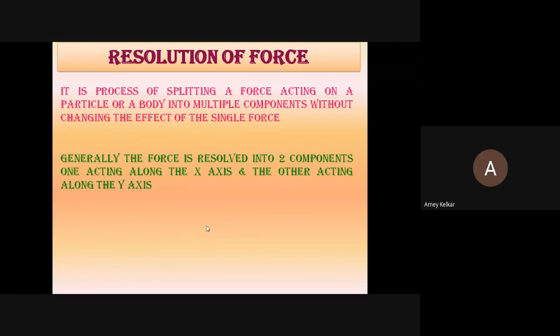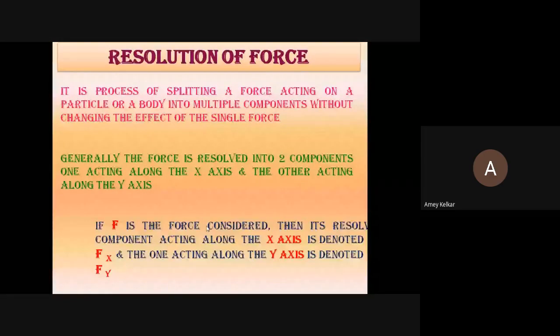So if a force is inclined, we try to break that force along two components, one along x and one along y. This process of splitting up a force is termed resolution.